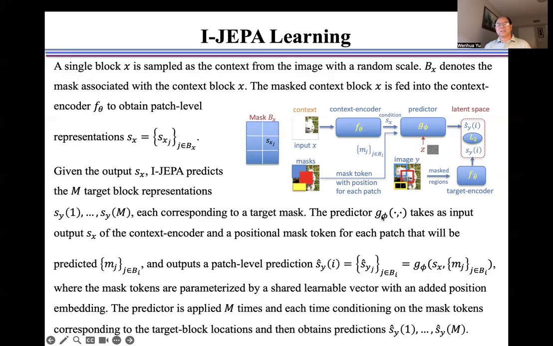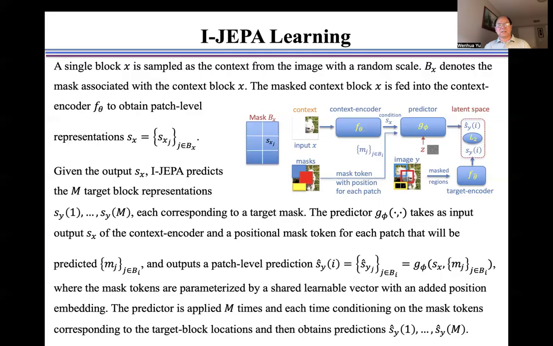The predictor g phi takes as input the output s_x of the context encoder and a positional mask token for each patch that will be predicted, and outputs a patch-level prediction sY caret, where the mask tokens are parameterized by a shared learnable vector with an added position embedding.